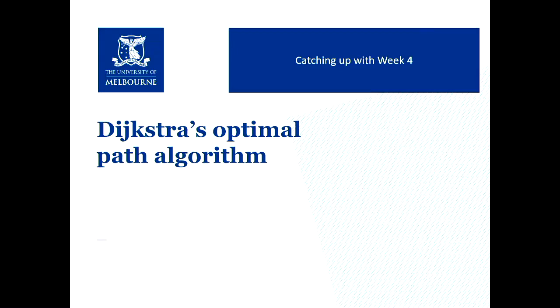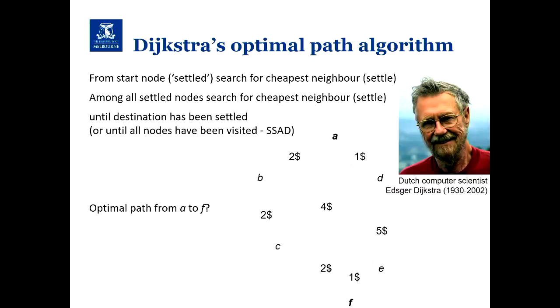The algorithm for optimal path I'm going to introduce is called Dijkstra. It's named after a Dutch computer scientist, Edsger Dijkstra. It's a variation on breadth-first search.